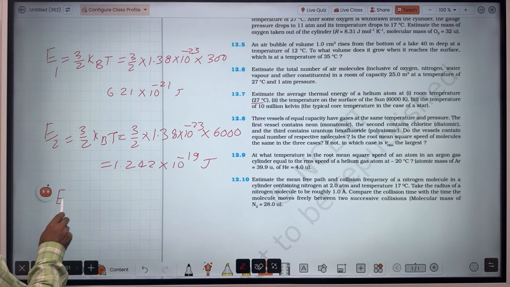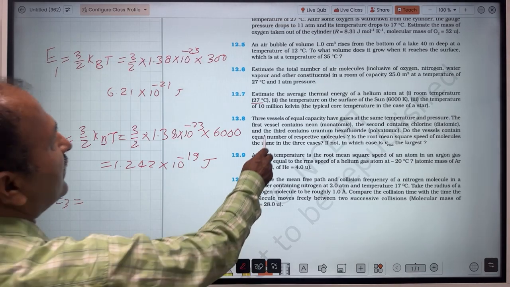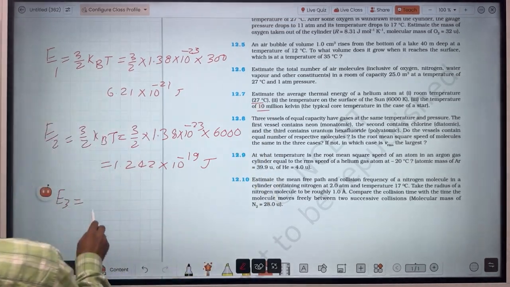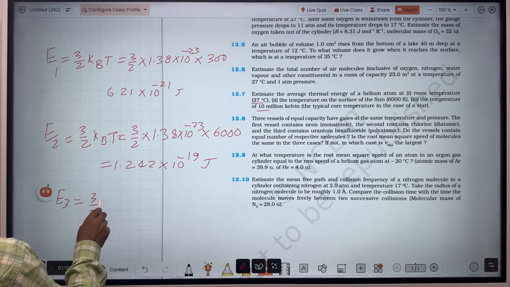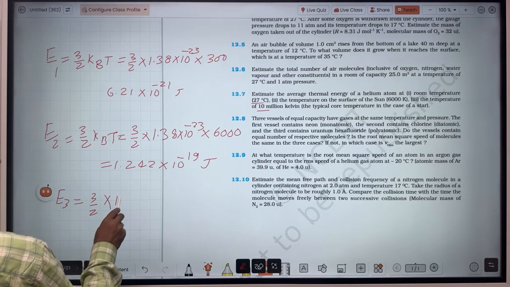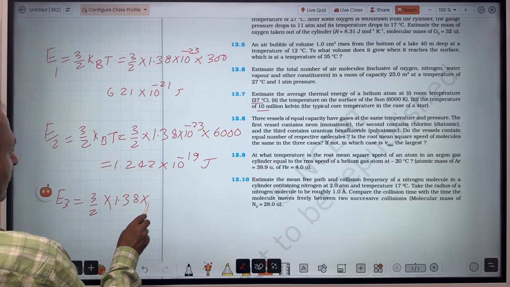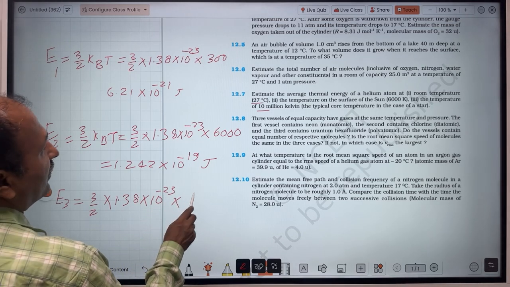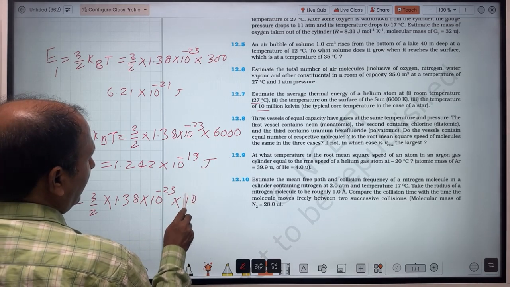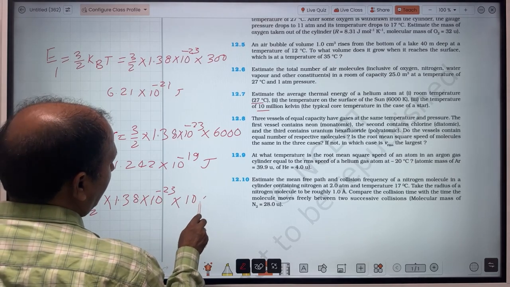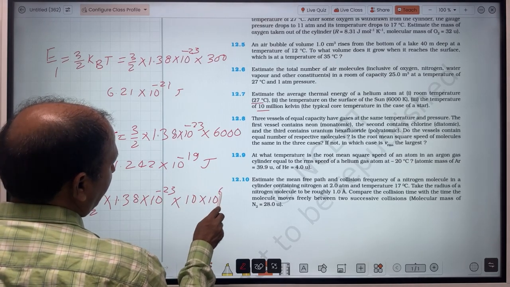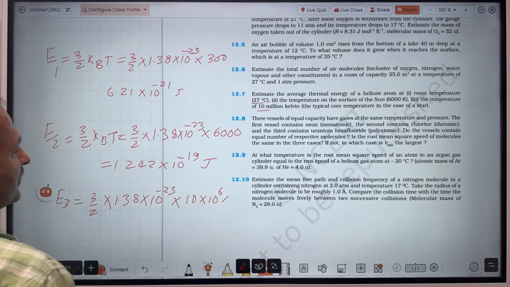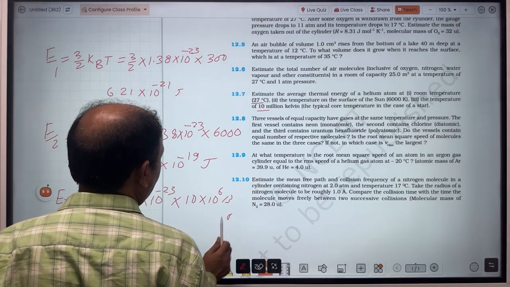Now let's see the third situation when temperature increases to 10 million Kelvin. So 3 by 2 kB, that is 1.38 into 10 to the power minus 23 into temperature, which is 10 million. 10 million is 10 lakh, 10 power 6, and this is in Kelvin, right?